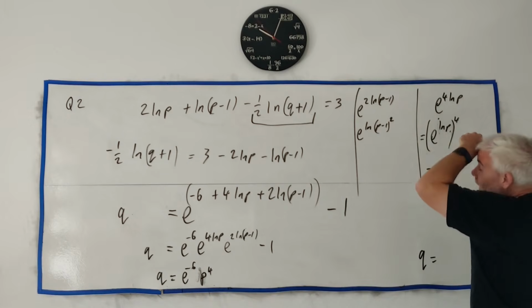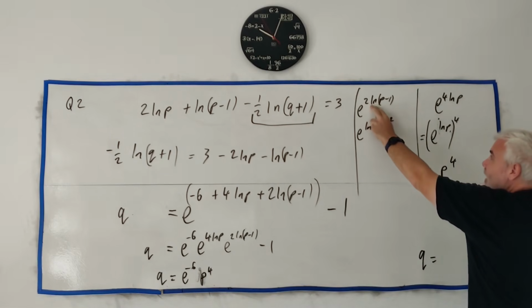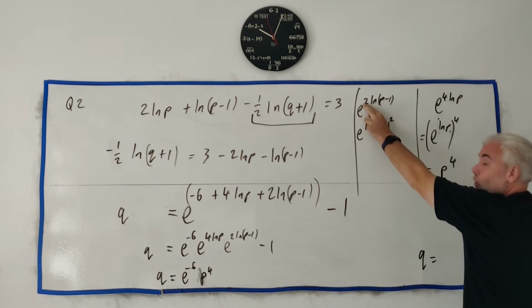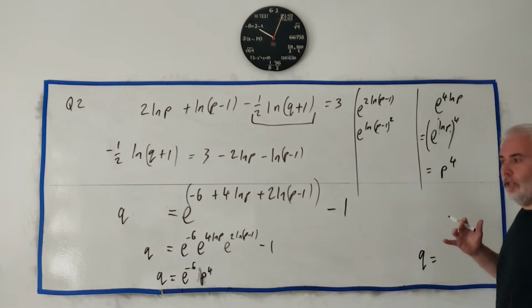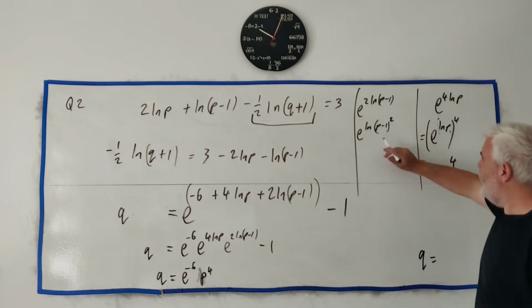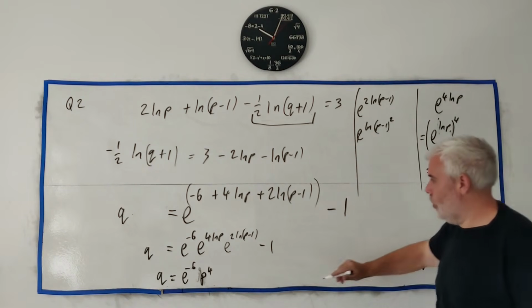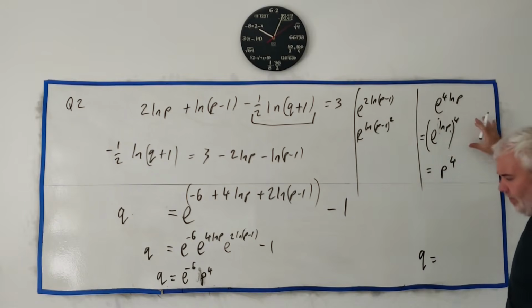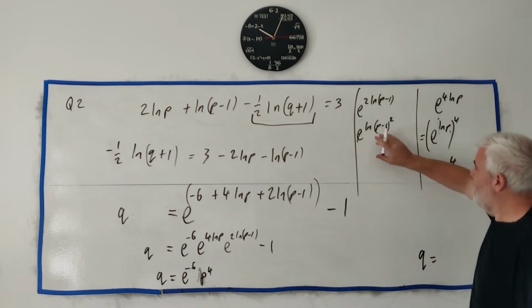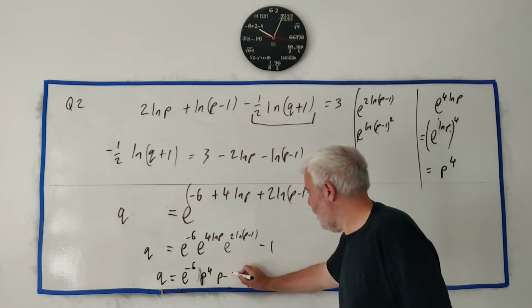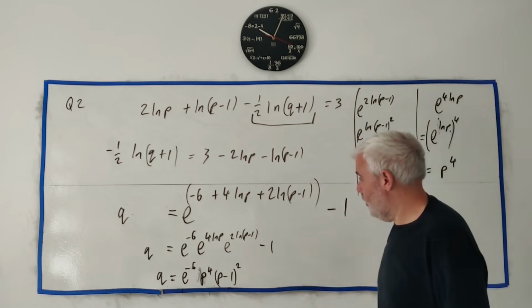Natural logs, when they're multiplied by something, it's the same as what's inside it being put to the power of that. But again, e and the natural log destroy each other, and for the same reasons we would have got the same answer doing it this way. Two different ways we could have done this. But we'll be left with p minus 1 squared.